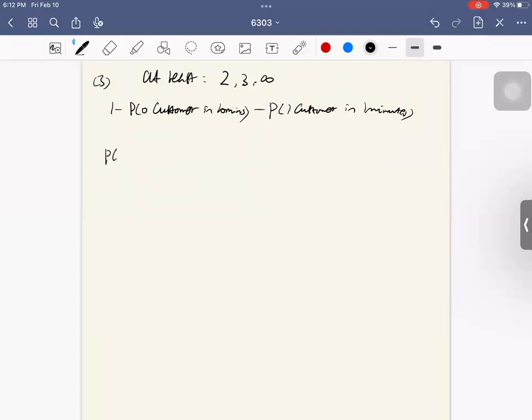So let's calculate 0 customers in 10 minutes first. That is pretty easy. Just plug in the numbers, 10 minutes, and the lambda value is already known. For 0 customers, K is 0. So the result is like this. And let's calculate 1 customer in 10 minutes.